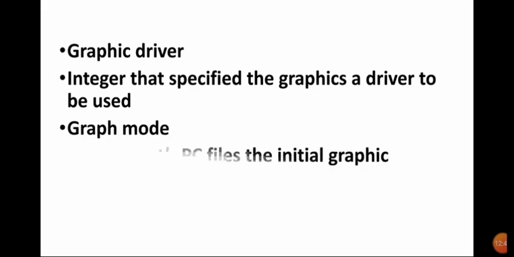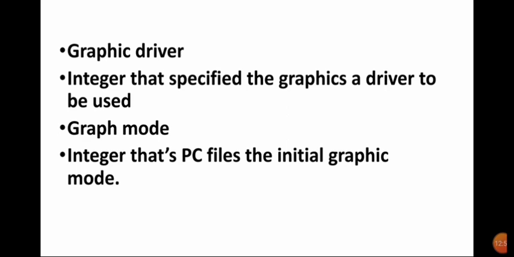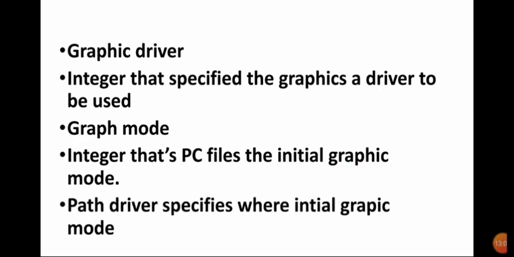Graphic mode: in the case of graphic mode also, here GM, you have an integer number, and what does that integer number show you? It gives the integer that specifies the initial graphic mode. Okay, and the path driver specifies where the graphic driver files are. Path means the way, the place where your driver is present. So that is the meaning of GM, GD and the double quotes.